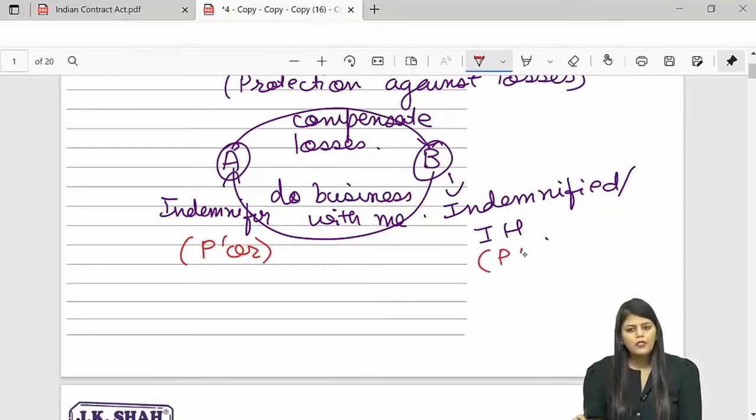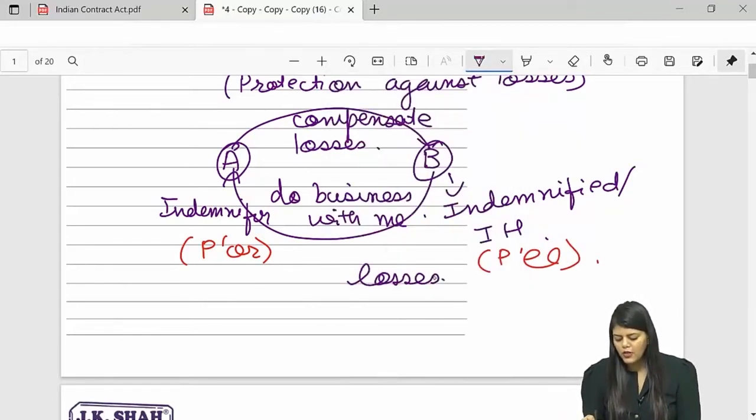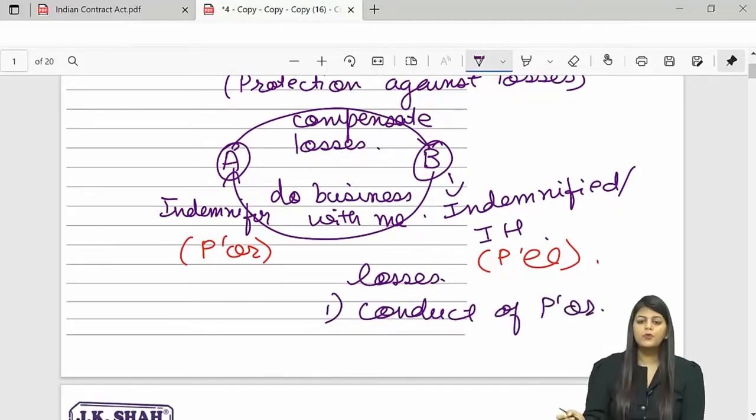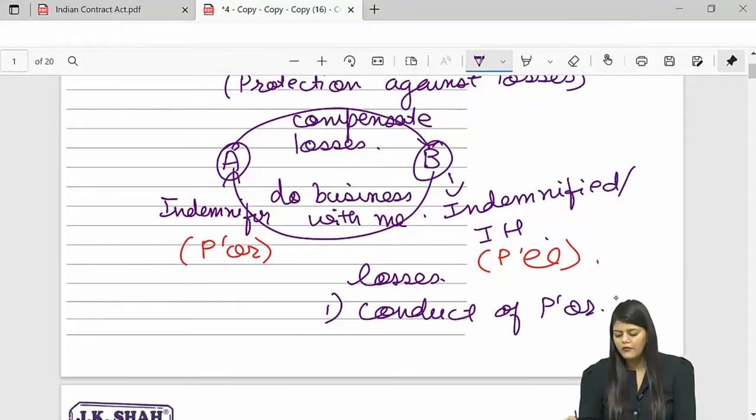So A is the promisor, B is the promisee. If there are any losses incurred due to the conduct of the promisor himself, that means because of A, A will compensate B. So it is indemnity: conduct of the promisor himself.